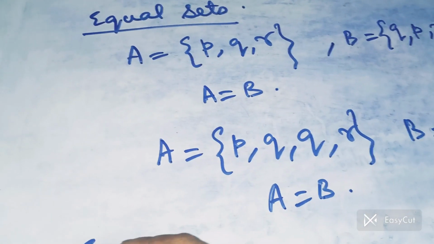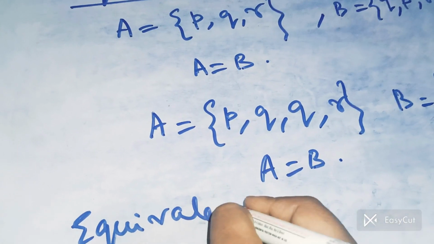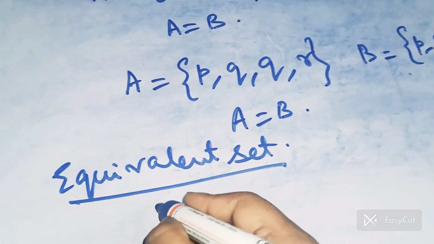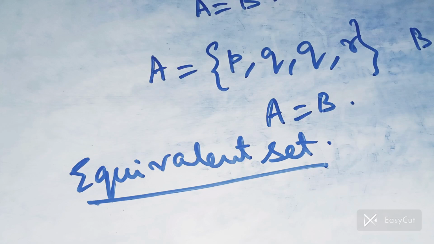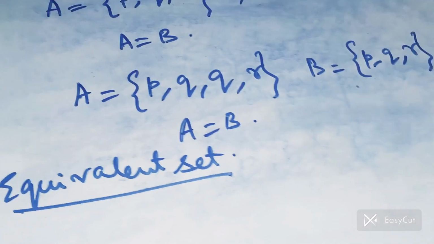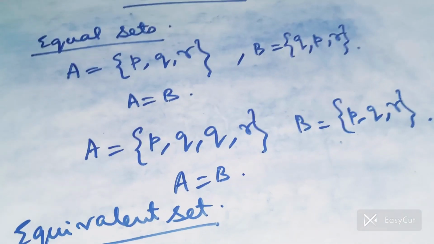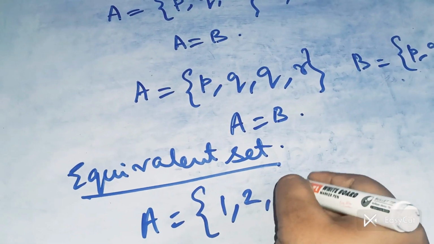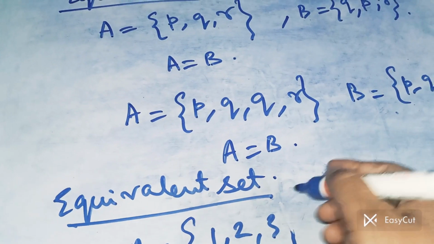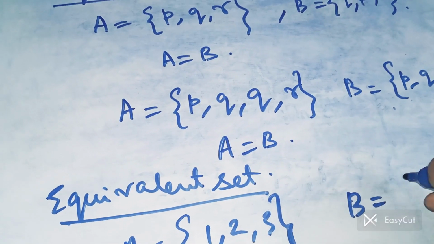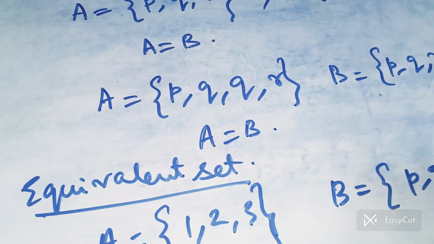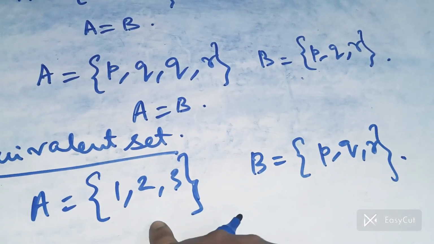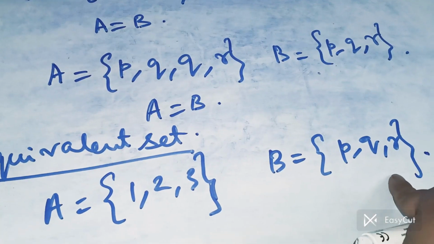There is another kind of set called an equivalent set. Two sets are said to be equivalent if they contain the same number of elements. The elements may not be the same, but the number of elements is the same. Suppose A equals 1, 2, 3 and B equals P, Q, R. In both A and B, the number of elements is 3.